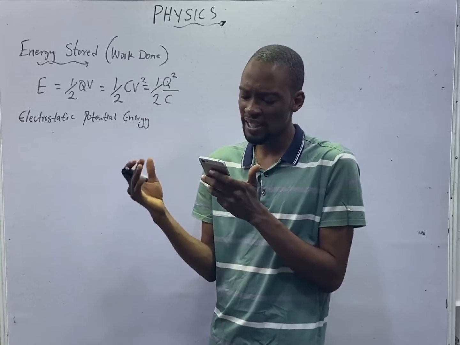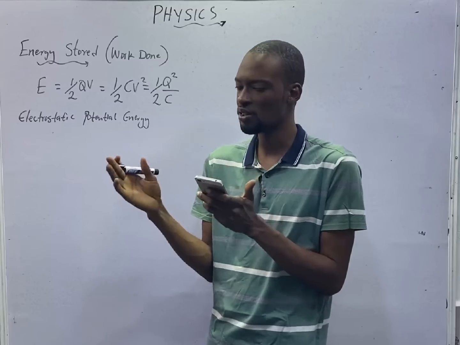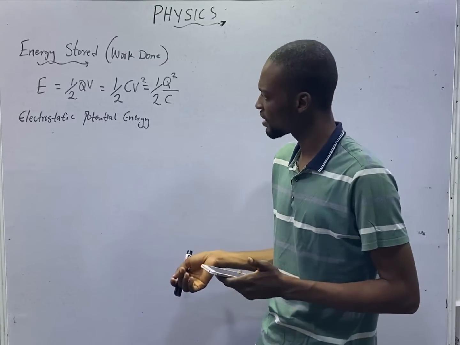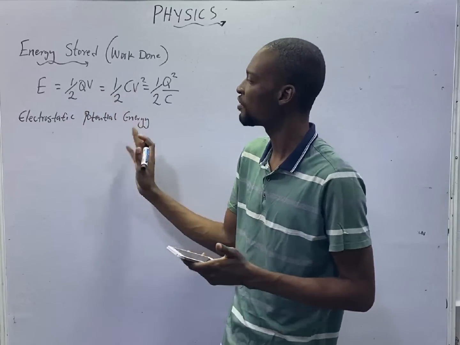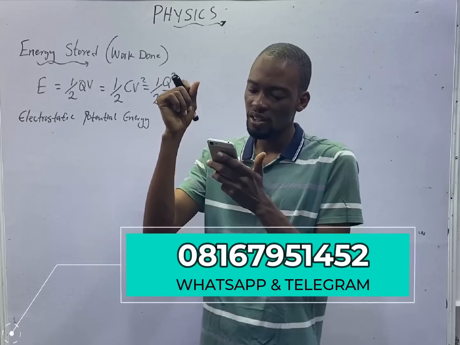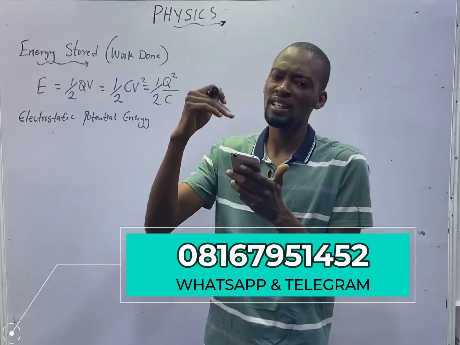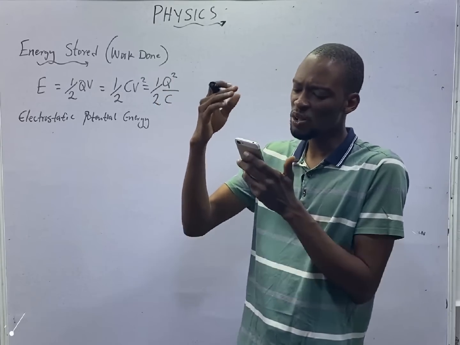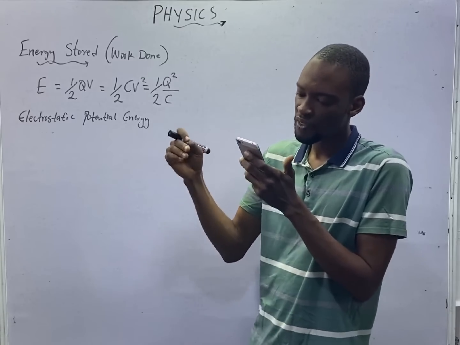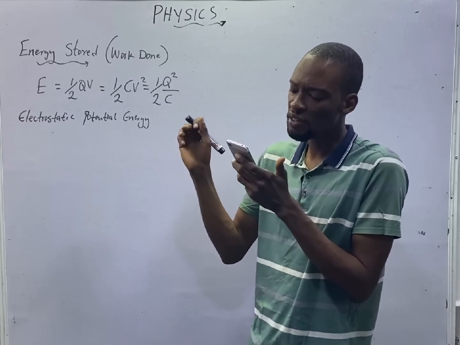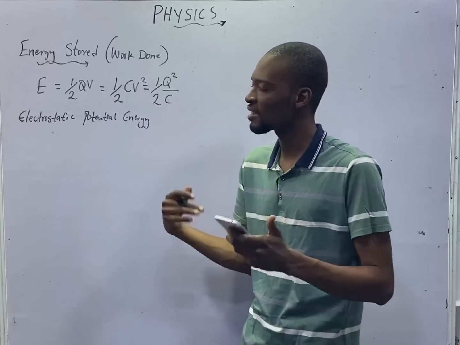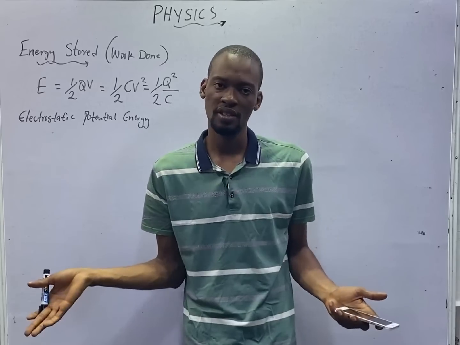Only half of the total energy supplied by the battery is stored in the capacitor. That is why, finding energy stored in capacitors, you see half. The remaining half is mainly converted into heat, while the rest is radiated as electromagnetic waves.